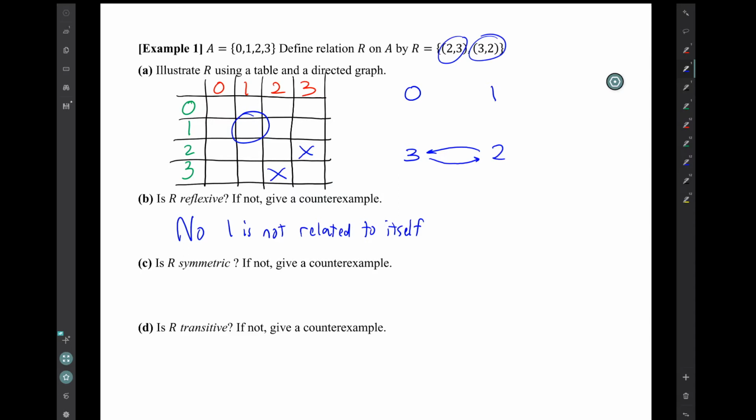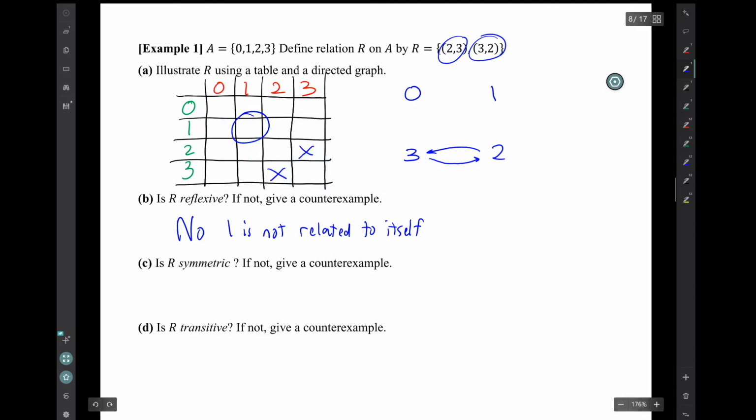Now we can observe that this relation is not reflexive in other ways. Remember that for a relation to be reflexive, every element would have to be related to itself. That means every cell in the main diagonal of the table would have to be filled in. So if any of those cells on the main diagonal are empty, then the relation is not reflexive.